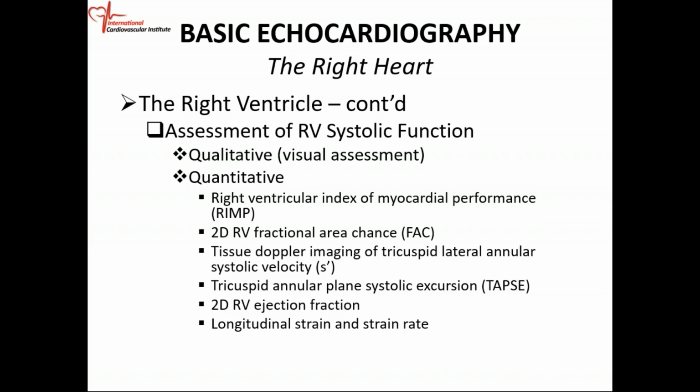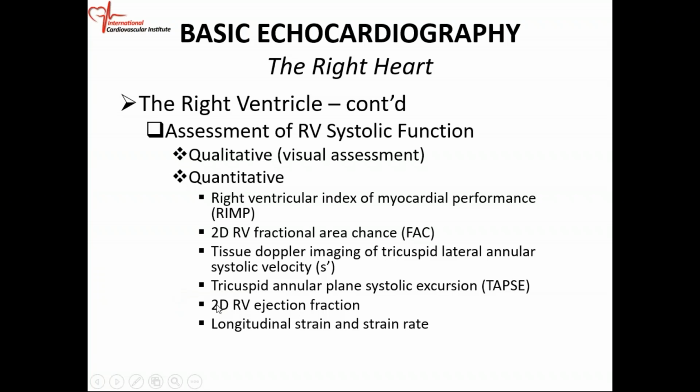And then we have TAPSE, which is tricuspid annular plane systolic excursion. That is how much the lateral tricuspid annular plane moves up. It's supposed to move up a certain distance, and if it doesn't achieve that distance, then it's reduced. And then you can use your 2D RV ejection fraction. This is more difficult to do.